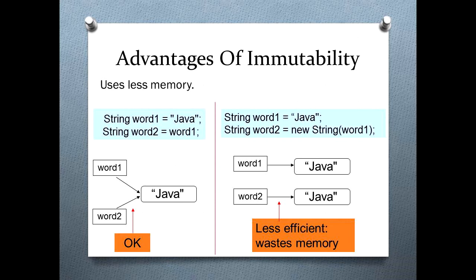This is less efficient and a waste of memory. Between these two, the best way of using the string is the left hand side one: String word1 is equal to Java and word2 is equal to word1. Both refer to the same string, and the value is the same.